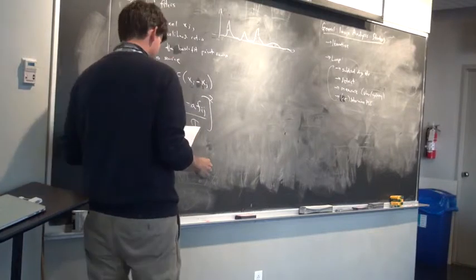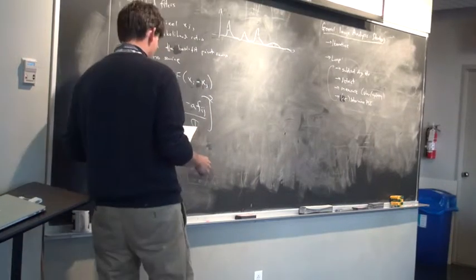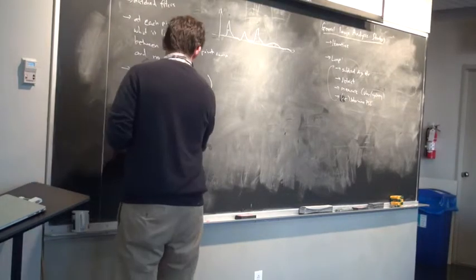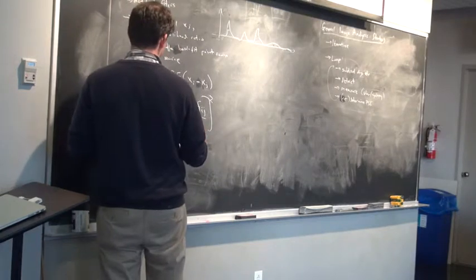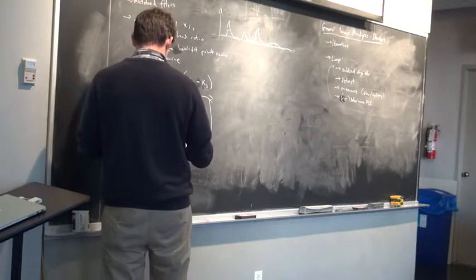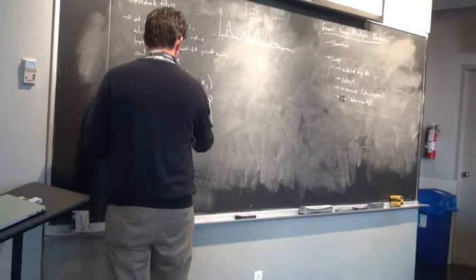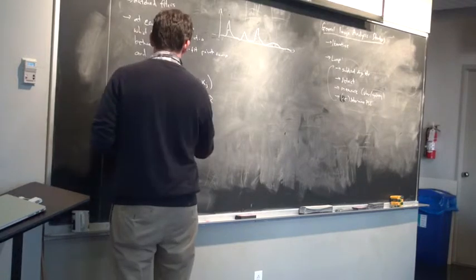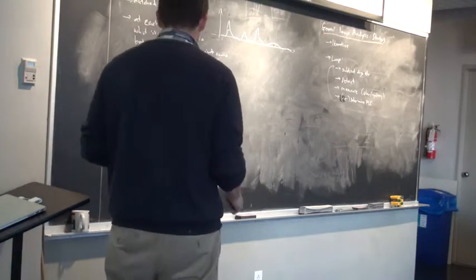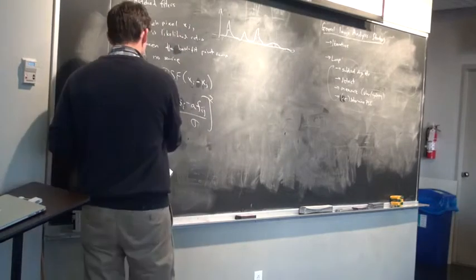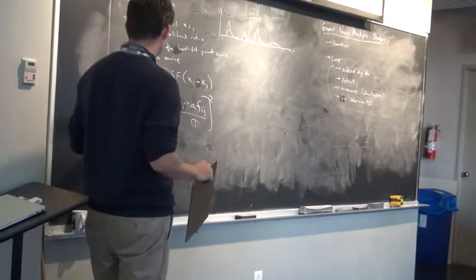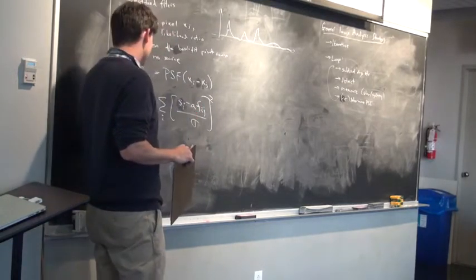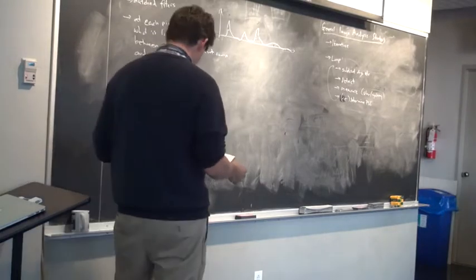Let me call it S_i, the signal at i. So this is the chi-squared at pixel j, given that you've done this best fit.